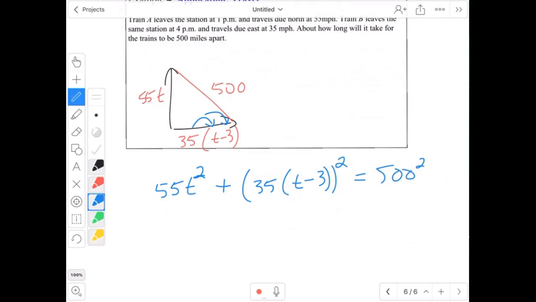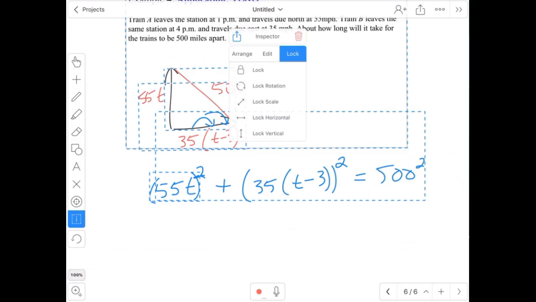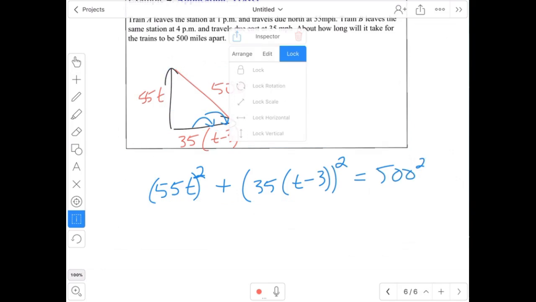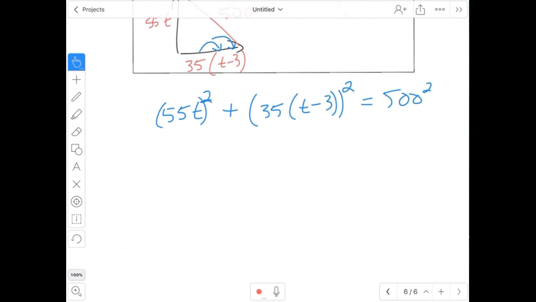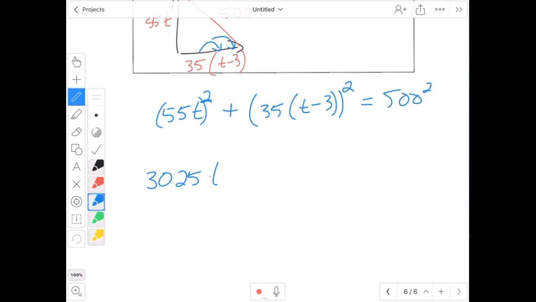And I should really put this in a parenthesis as well. Okay. So 55 times 55 is going to give us 3025 t squared.